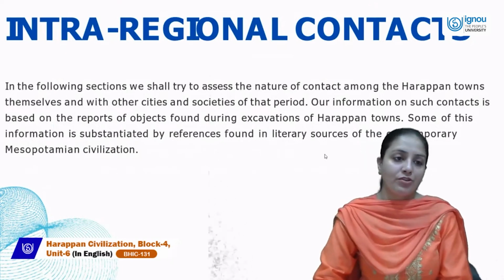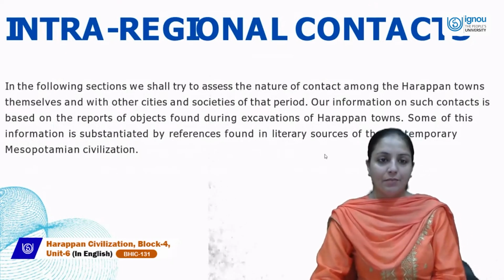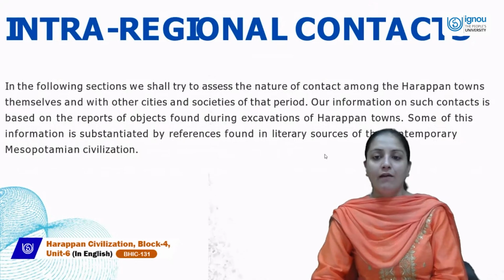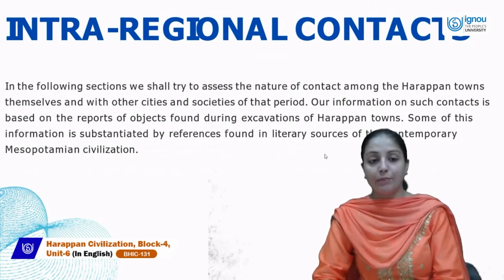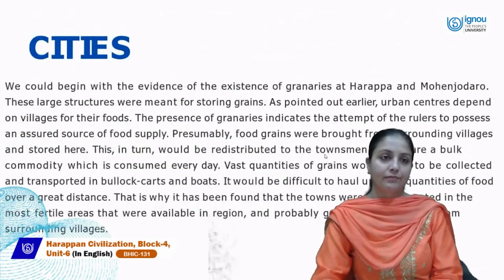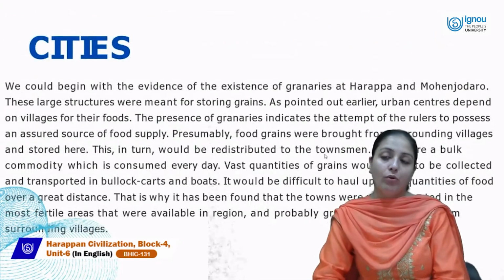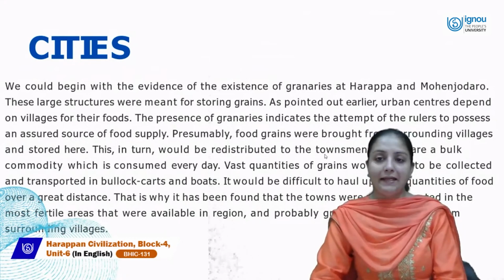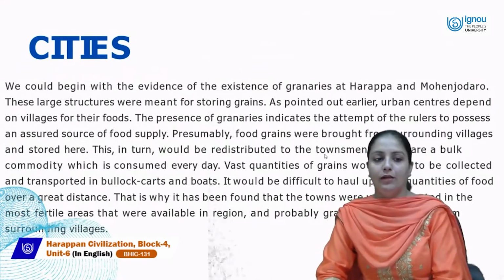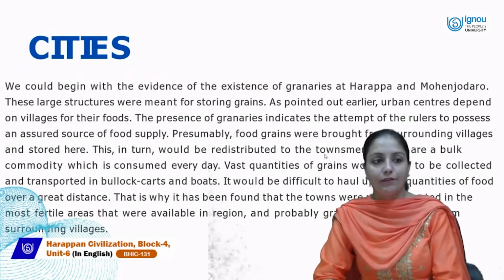Some of this information is sustained by references found in literary sources of the contemporary Mesopotamian civilization. The cities we found related to Harappan civilization include Harappa, Mohenjo-daro, Lothal and Dholavira.